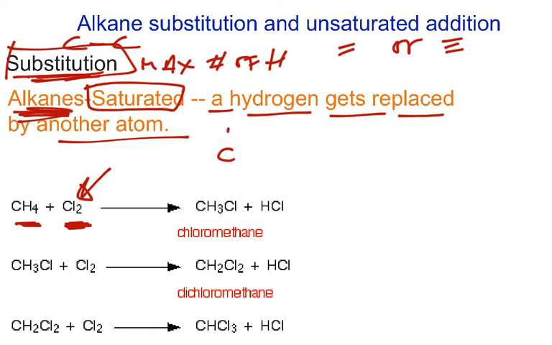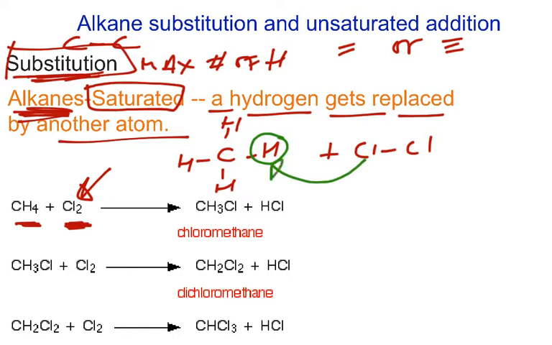So if you have methane, which is CH4, with 4 H's around it, one of these H's will be replaced by a chlorine. So what's going to happen simply is one of these H's will be knocked off by one of the chlorines, and you'll form CH3Cl and HCl.